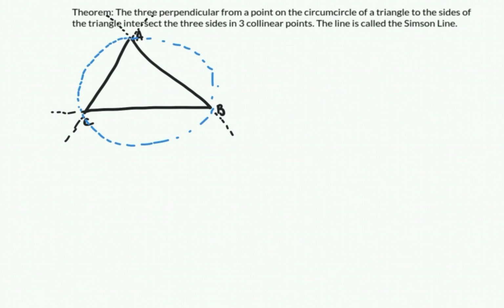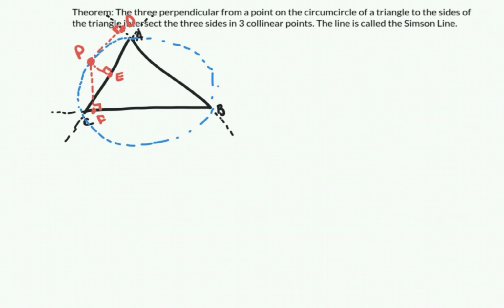And I should be able to choose some point P on that, right? And then from P, I can create perpendiculars to each of the sides, like so. Okay. Let's call these points D, E, and F. I'm sorry I drew my picture so it ended up in my theorem there, but such is the way of life.